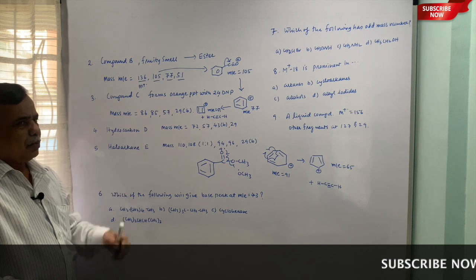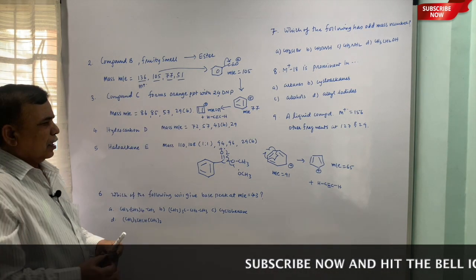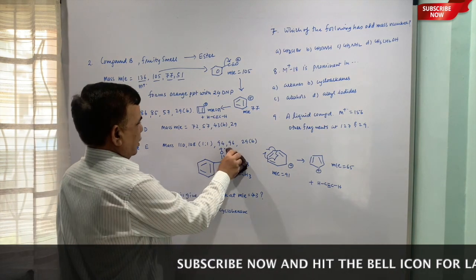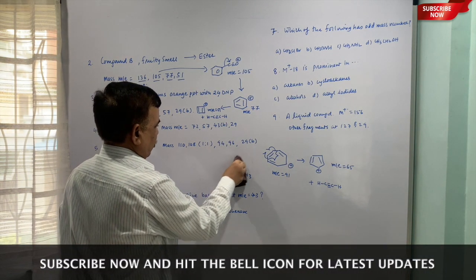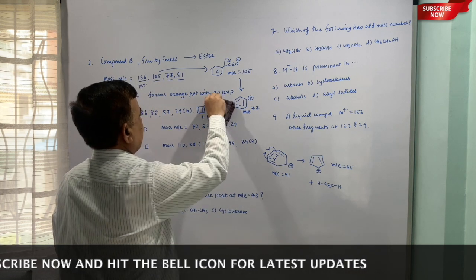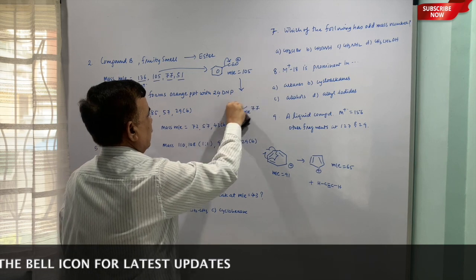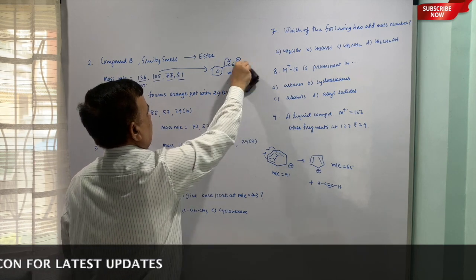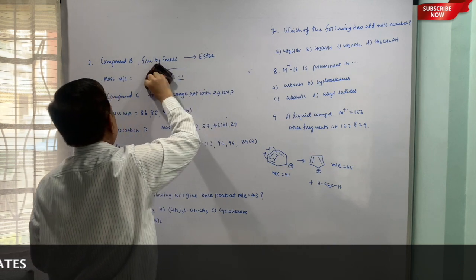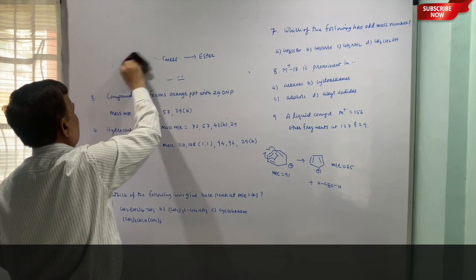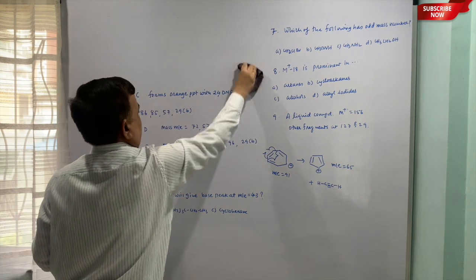In that case carbon monoxide is lost, in this case acetylene is lost, and the final compound is methyl benzoate, the methyl ester of benzoic acid. That is the compound whose structure we have to find out. Okay.